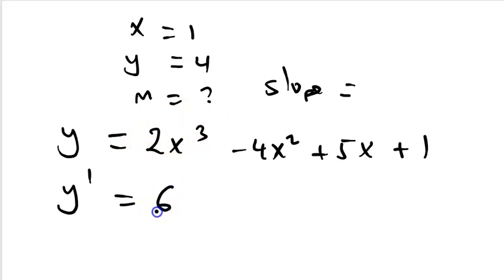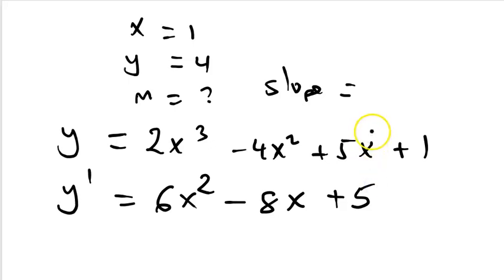That will mean 6x, reduce the power by 1, that is x to the power of 2 now. So do the same for this one. 2 times 4 is 8, x to the power of 1, because I've reduced by 1, so you don't need to write it, plus 5 only, because x to the power of 1 minus 1 is 0. Any number to the power of 0 is 1, so you multiply 5 times 1, and the derivative of a constant is always 0.